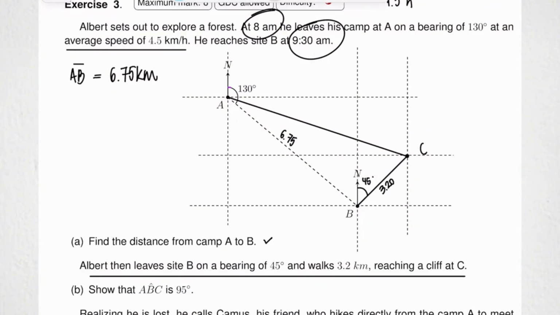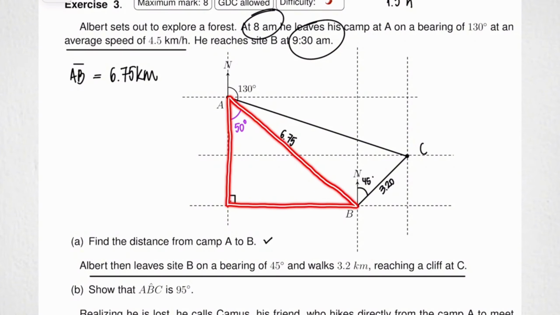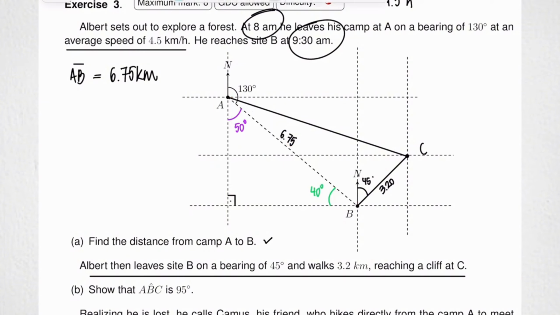Do notice that if this is 130, that means that this is 50 degrees. It's the supplementary angle. 50 plus 130 gives us the 180 that we're looking for. This is a 90-degree angle, and given that the sum of the angles in a triangle is 180, that means that this is 40 degrees, which means also that this is 50. Do notice how easy it is to find these angles if you draw these vertical and horizontal lines.